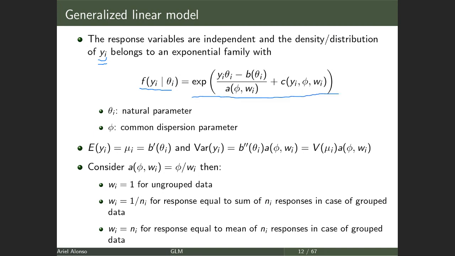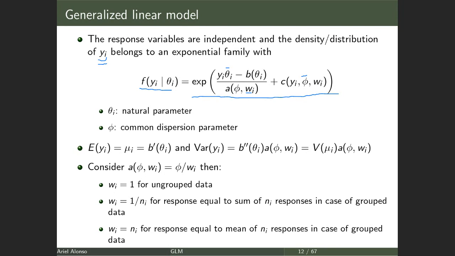And as you can see here, the theta now depends on the individual, on the subject, right? And you can see that the weights over here may also depend on the subject. Now, the psi here does not depend on the subject. It's what we call a common dispersion parameter. So we have now a set of observations. We have response yi for individual i. These yi's can be binary data, survive yes or no, cure yes or no, whatever.